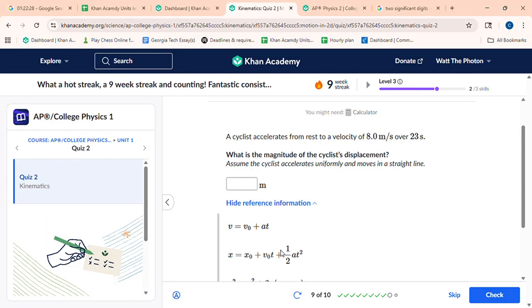Using the original equation, we can use v is equal to acceleration times time. So v is equal to 8, 8 equals a t, 8 is equal to 23a. A equals 8 over 23.